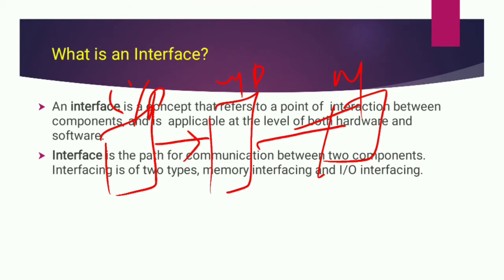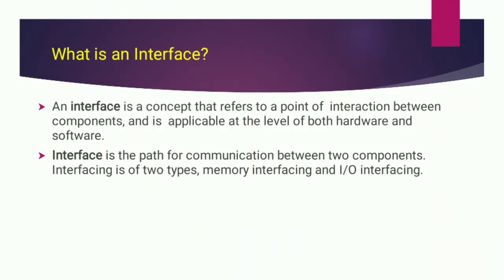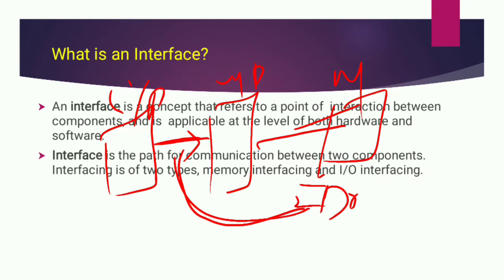The buses are the address bus, data bus and control bus, and these buses are not directly connected to the input output device or memory, but are connected through a logic circuit, that is a NAND gate or decoder. Interface is the path for communication between the two components, that is the input output device or memory.